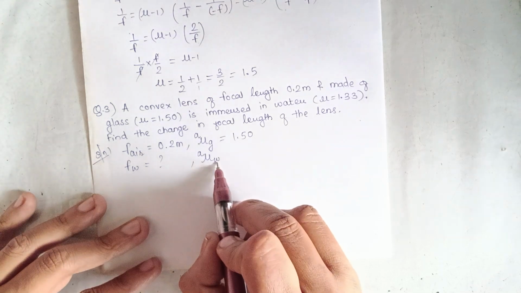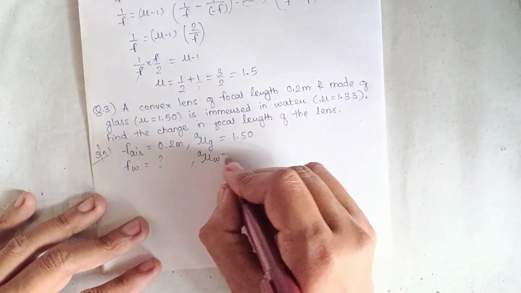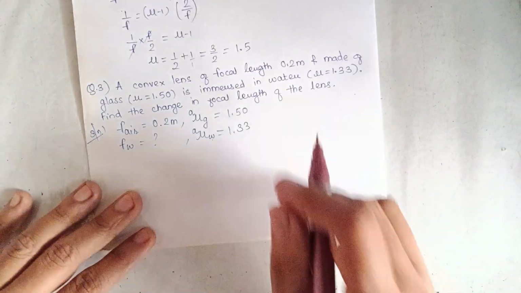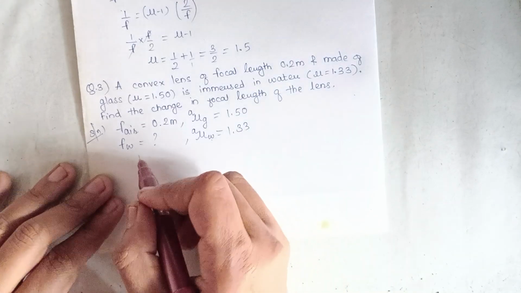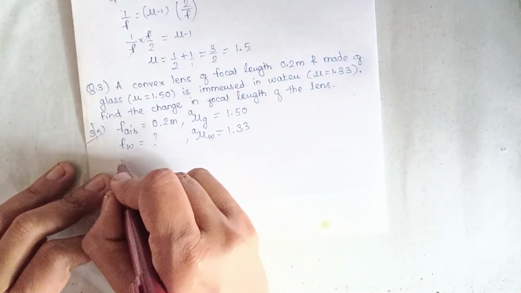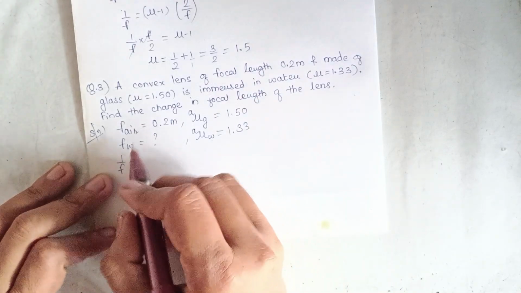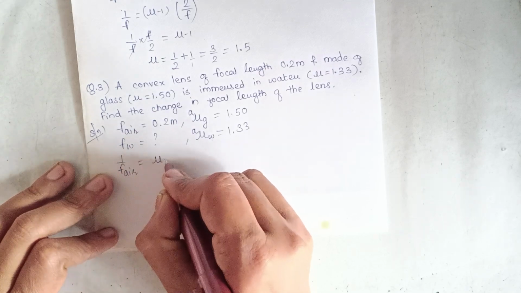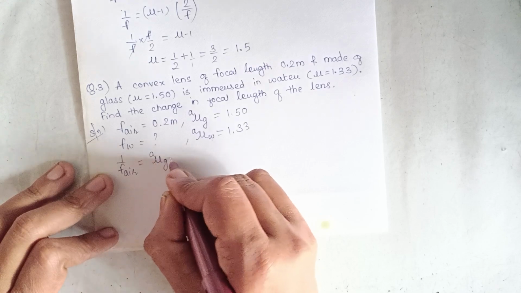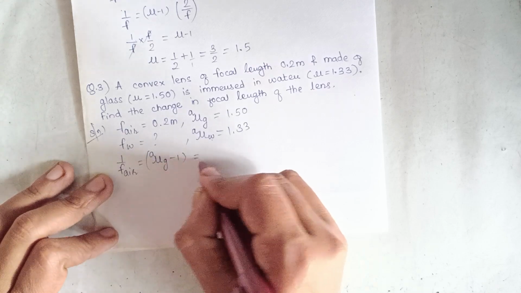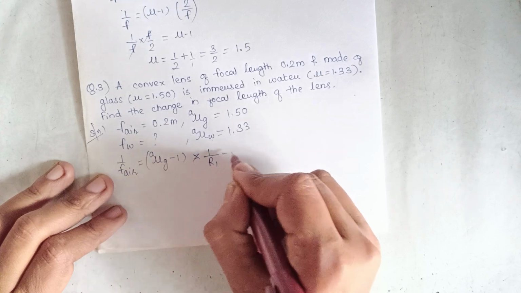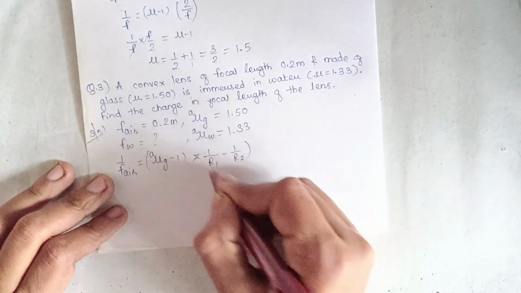The lens is immersed in water with respect to air, given as 1.33. So we can use the lens maker's formula, 1 upon F, with air, into 1 upon R1 minus 1 upon R2.